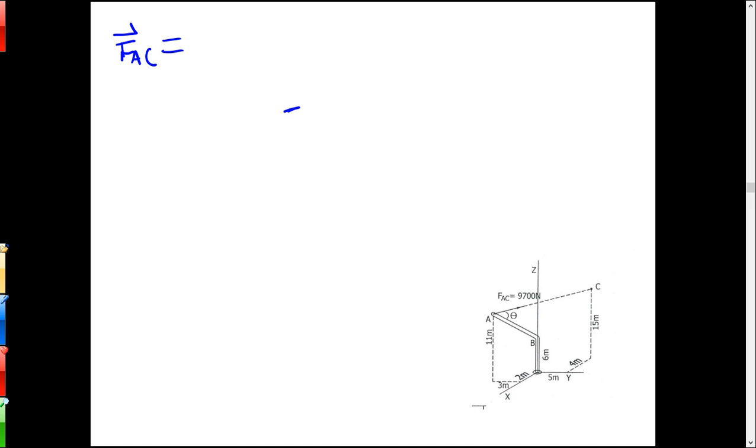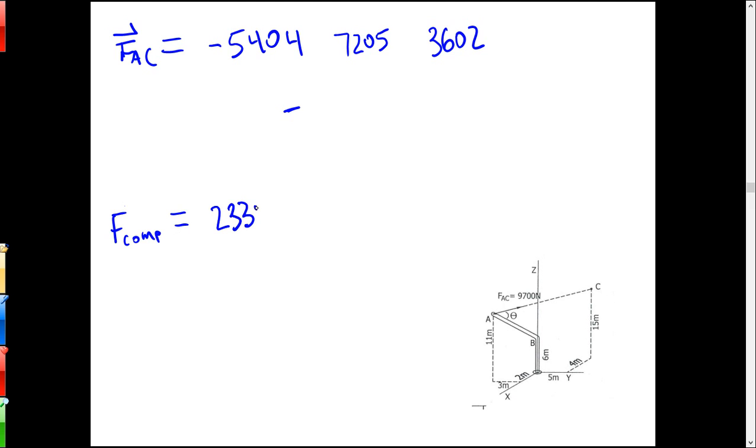That is negative 5404, because it's going in the negative x direction. We got 7205 for the y, and then we got 3602 for the z. All right, and then what you want to do is find the compressive force with the dot product, and I think most people got through that okay. And what we found there was 2338.